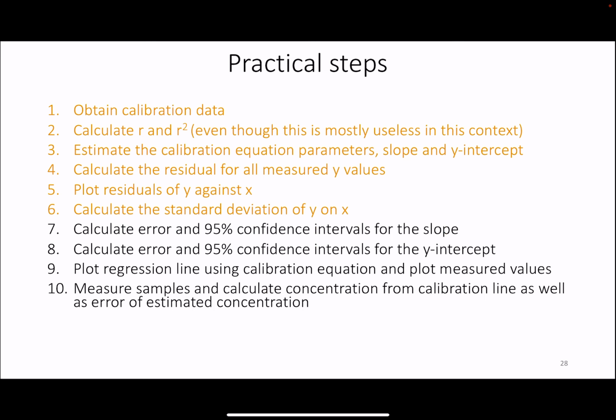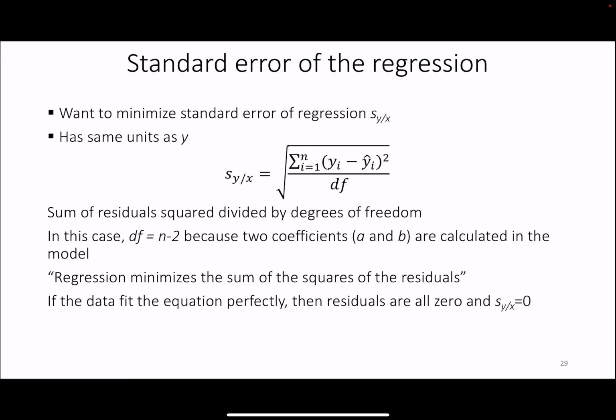Okay, so next step is you calculate the standard deviation of y on x. And so this is the standard error of the regression. In this case, this is a value you want to minimize. If your calibration is going really well, you want a small standard error of the regression. And it has the same units as y.